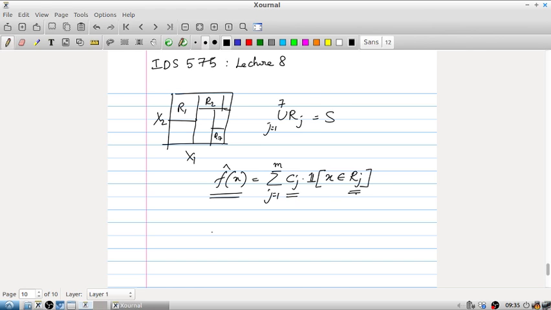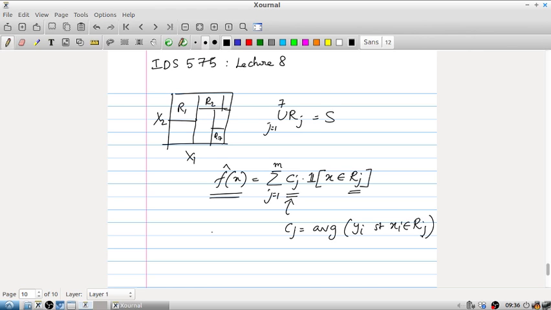This is in general, irrespective of whether you're thinking of a tree-based partitioning or any other partitioning. Somehow you get these partitions of the input space, and then given the partitions, this is your very natural notion of what the prediction function is going to be, whether for classification or regression. For regression, given these regions, I can set Cj to be the average of yi such that xi belongs to Rj.